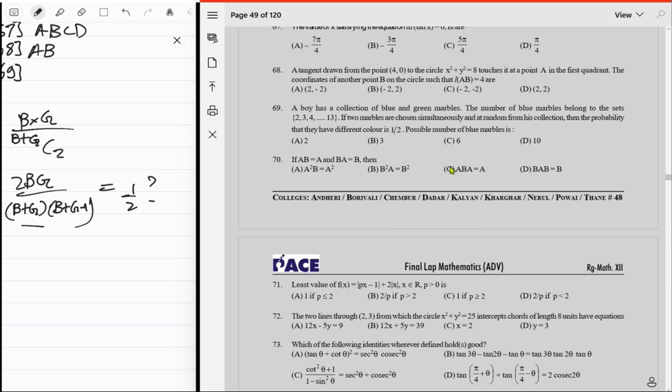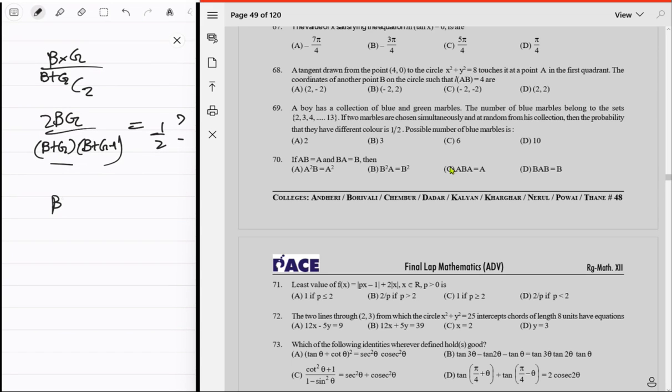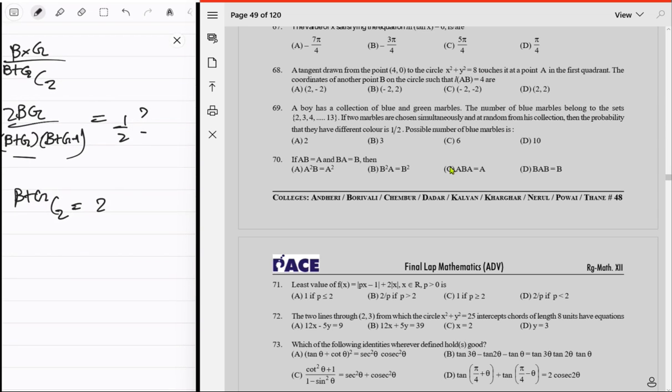So 2BG is equal to B plus G choose 2. B is at least 2, right? Green marbles can be anything. That's kind of a weird thing.